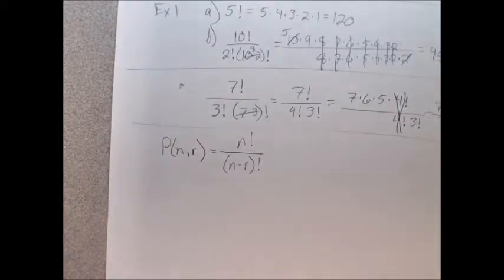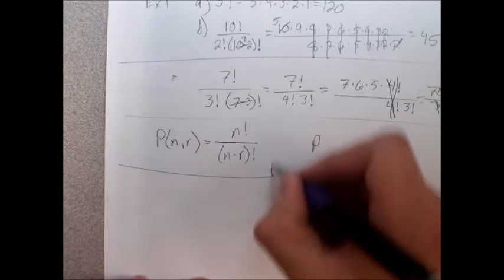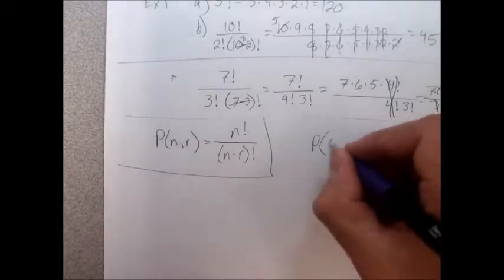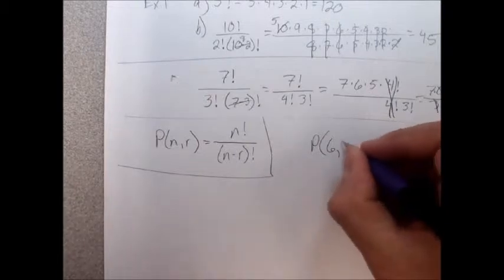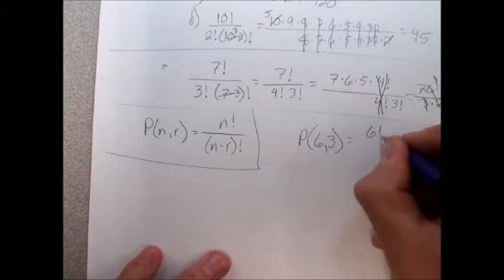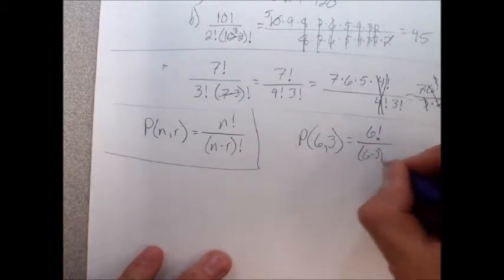This is your formula that you need to write down. My first example says the permutation of 6 objects taken 3 at a time will be, and then I start plugging it in, 6 factorial over the difference of the two, 6 minus 3 factorial.